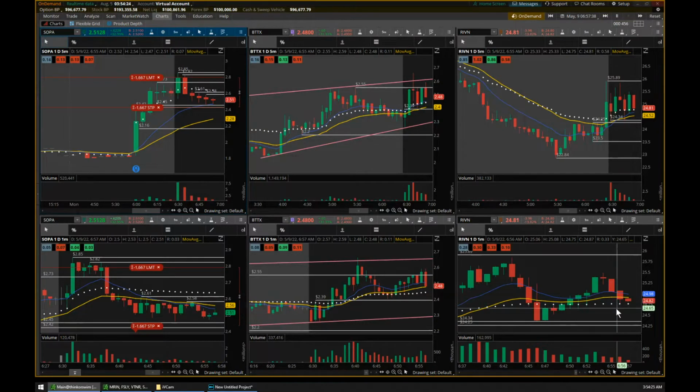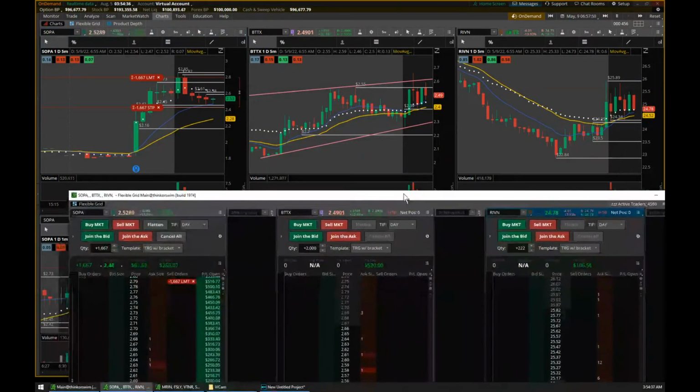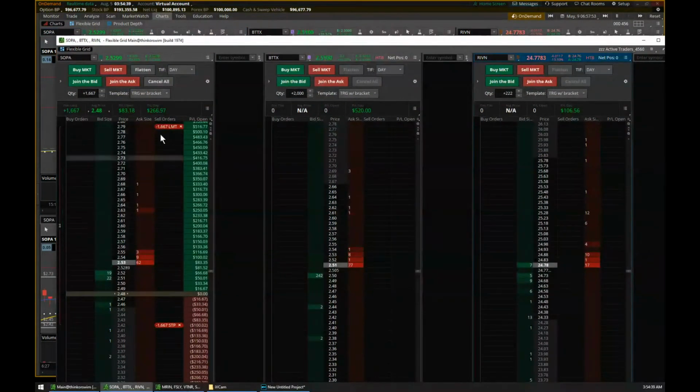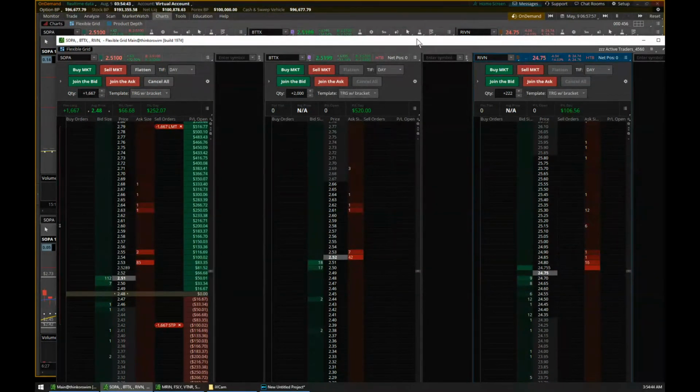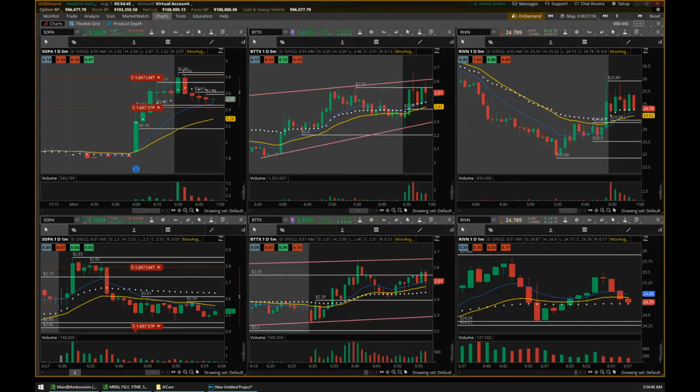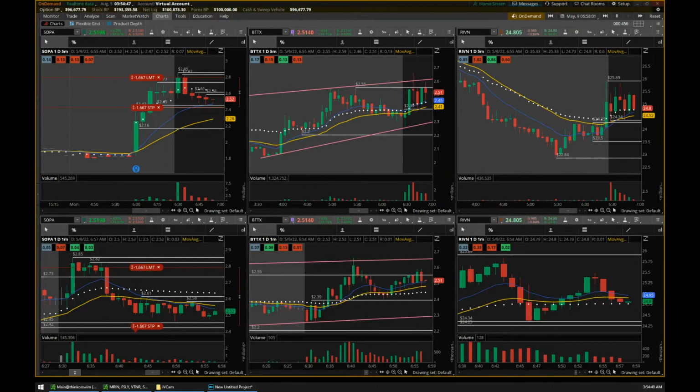Anybody getting in over here on this VWAP? Maybe. And if you're wondering, I'm only in a position on this stock right here.